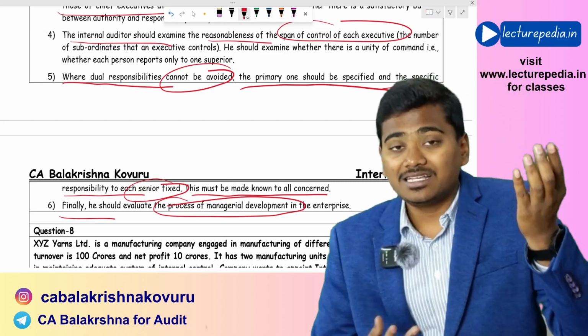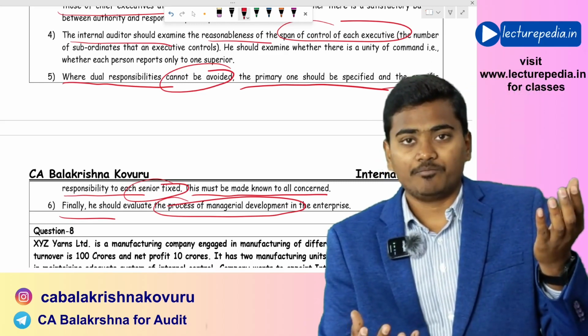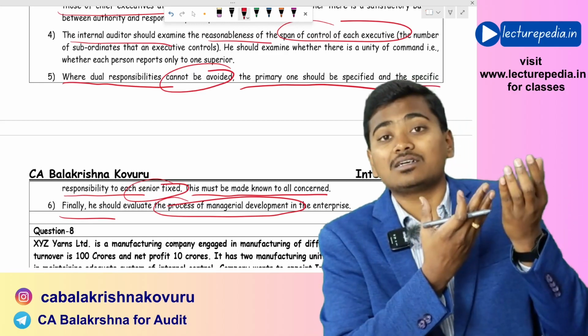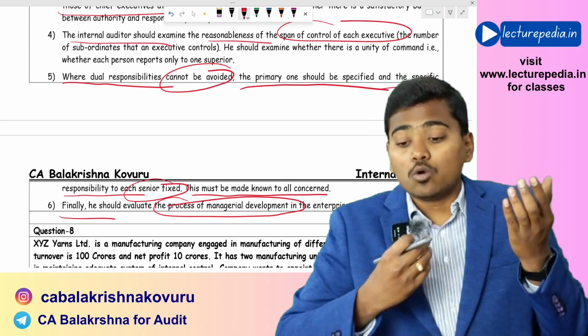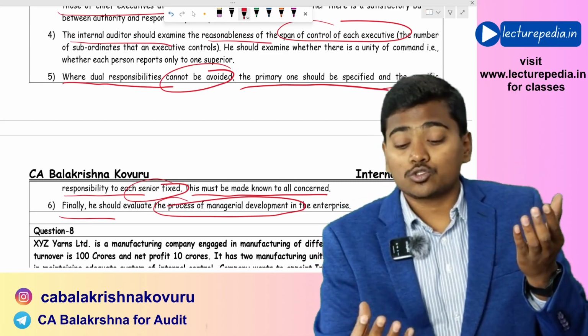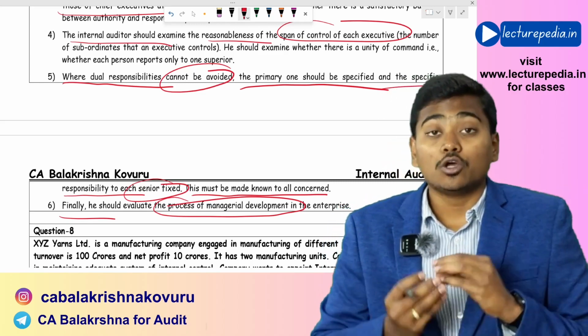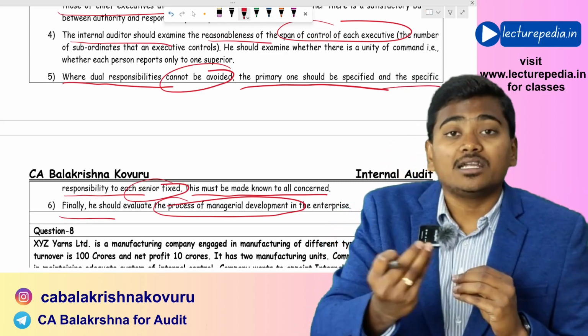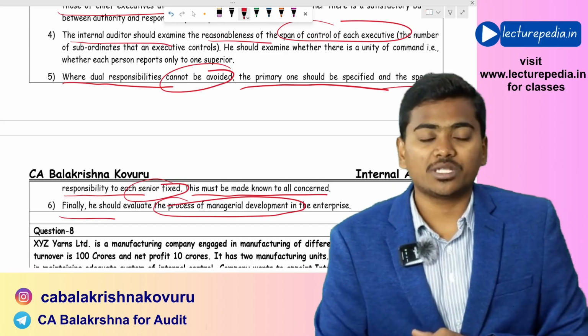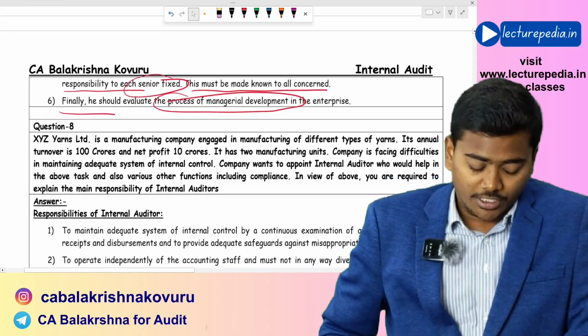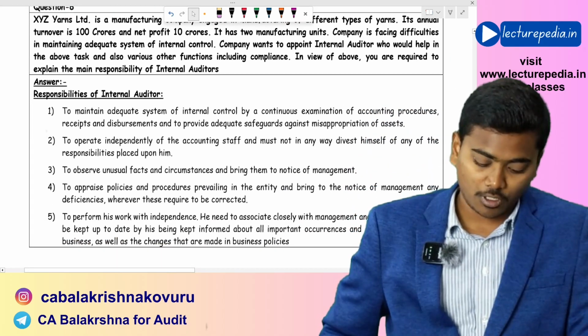Okay, from the existing junior staff itself, who will be suitable for these higher positions, and how could we train them so that they can be placed at these positions. How this managerial development process is taking place within the entity will be verified by the internal auditor with respect to organizational structure.